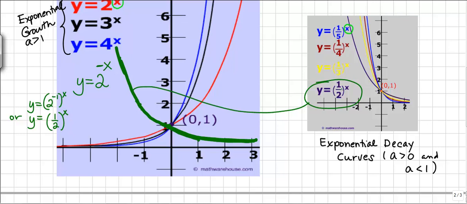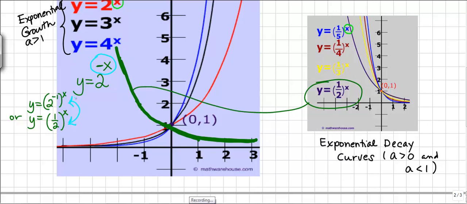And that's what I meant: if your exponent's positive, then if your base is bigger than 1, you have growth. If your base is smaller than 1, you have decay. It's the other way around if your exponent is negative, such as this one. But please note the consistency here with the rule of exponents.